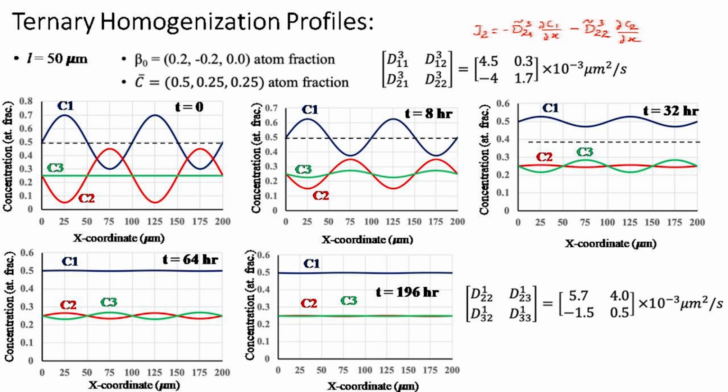If we ignore these effects, we would completely miss the second phase precipitation. We will wrongly predict the microstructure. This is just one example of why the cross terms are important.